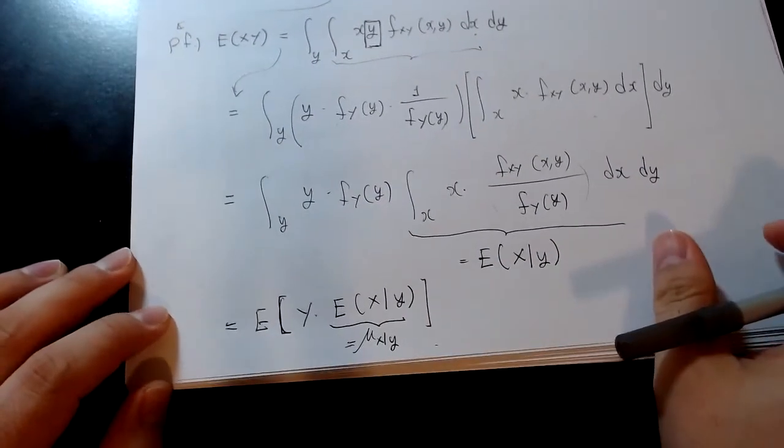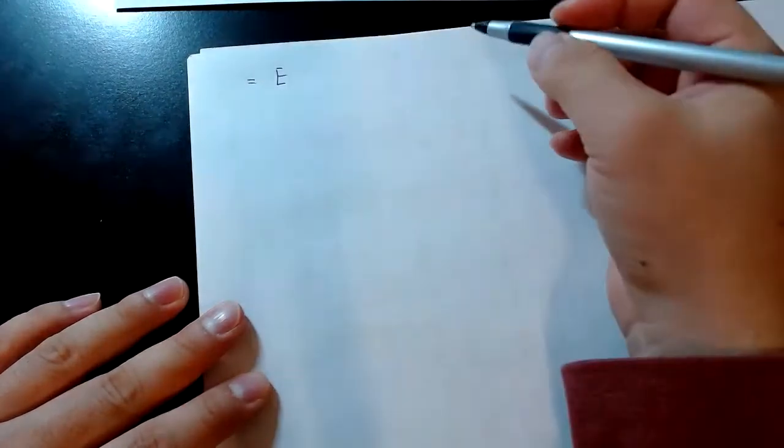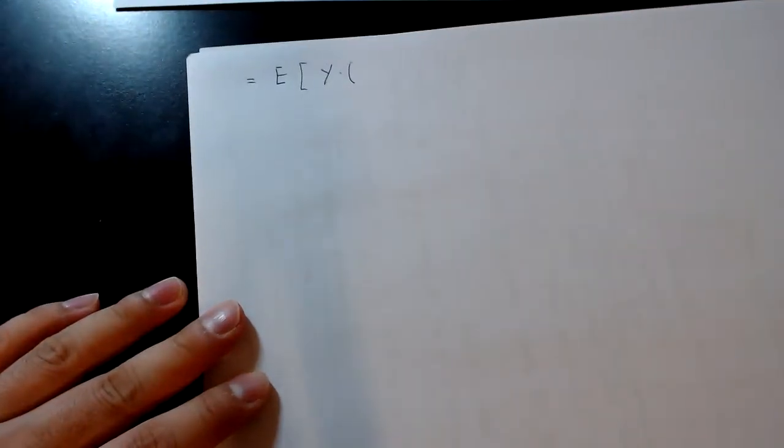Now that is equal to the expected value of Y times mu_{x|y}.